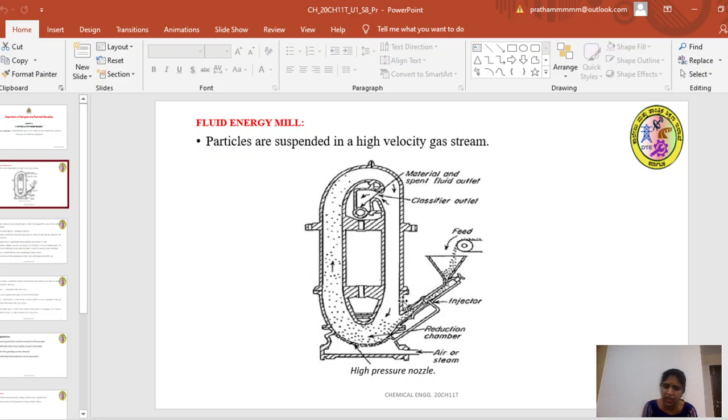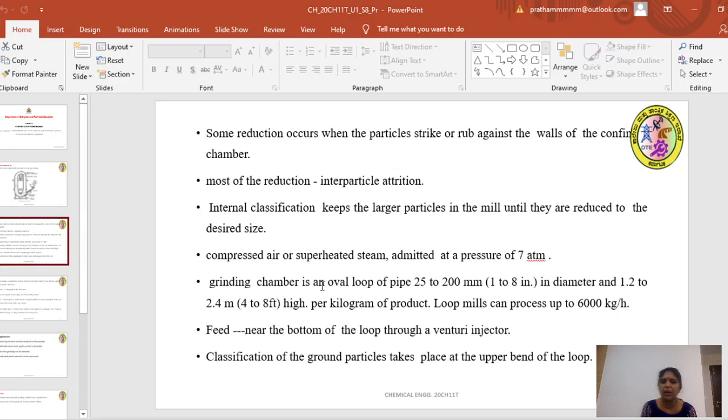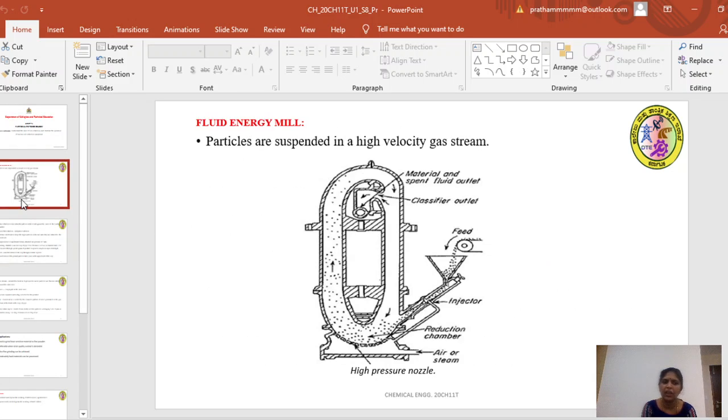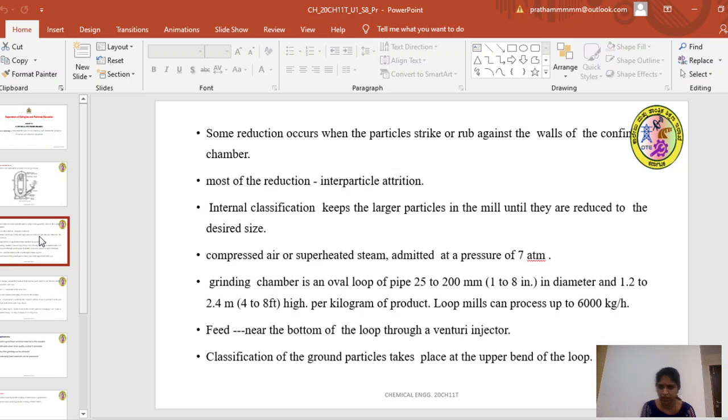Most of the crushing takes place in the annular space which has been created inside the container. Usually the compressed air or the superheated steam is admitted at very high pressure, approximately 7 atmospheric pressure.